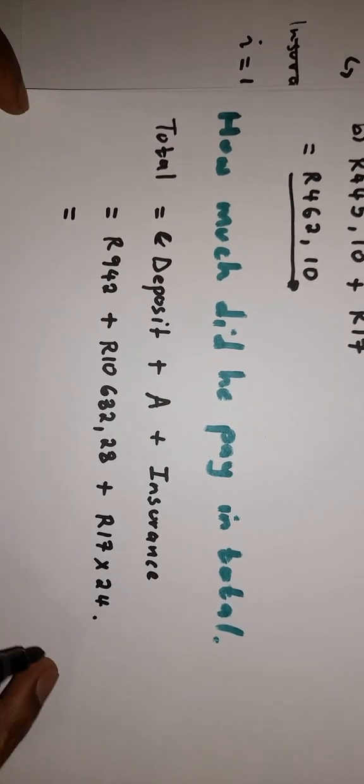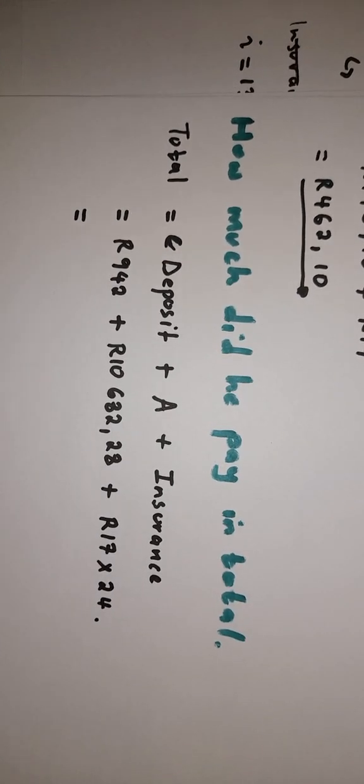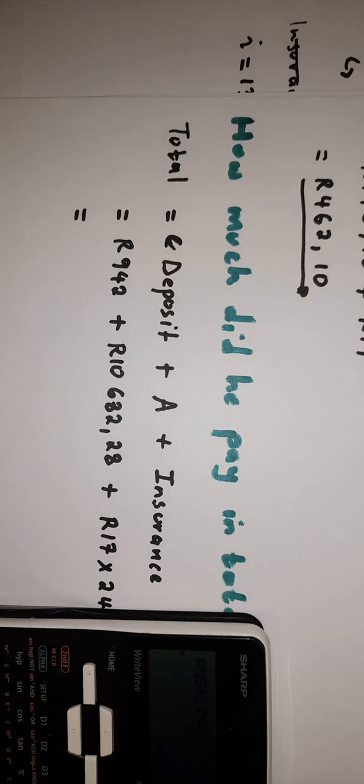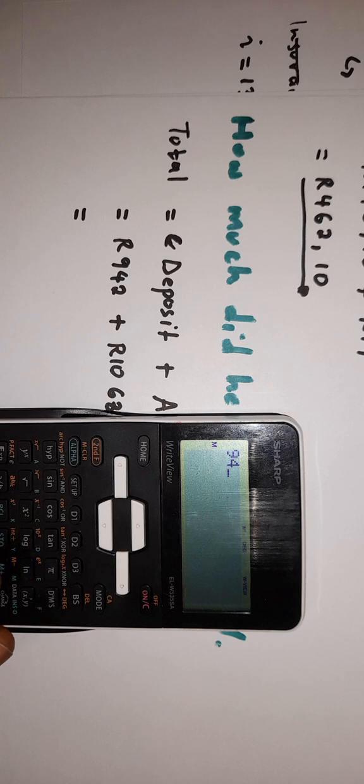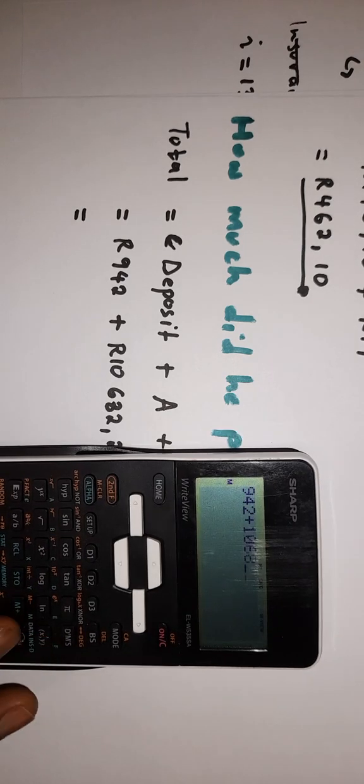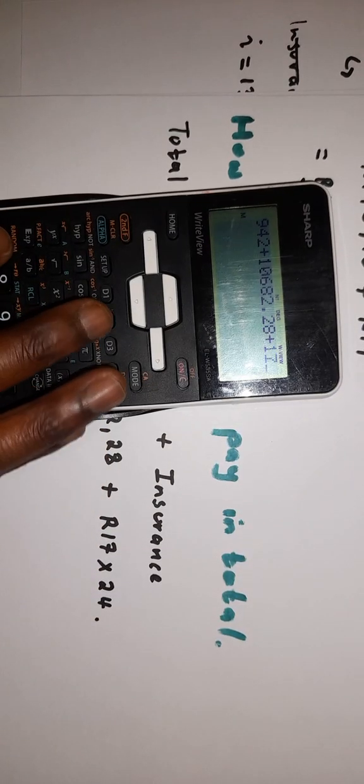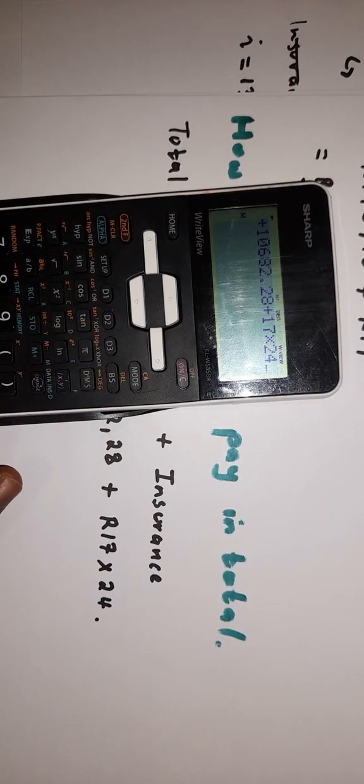So how much did he end up paying in total, since he took it on hire purchase? So we'll have the sum of these three, 942 plus 10,682 rands and 28 cents plus 17 rands times 24.